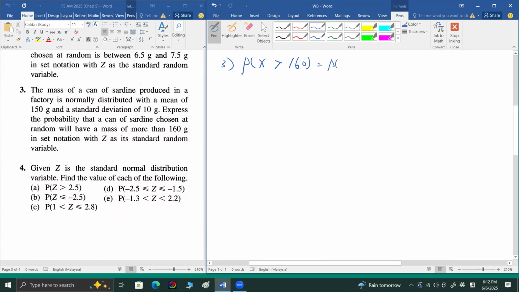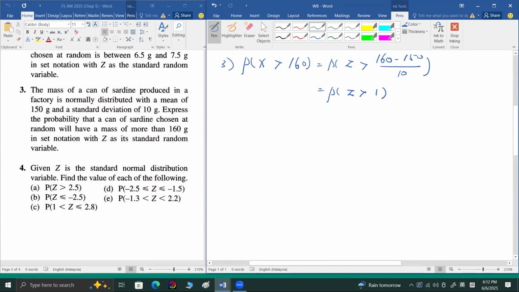Then change it to Z form. 160 minus mean, the mean is 150, can you see? And a standard deviation of 10. So you get Z greater than 10 per 10, that is 1. Okay, express only. Can you say, all of you?